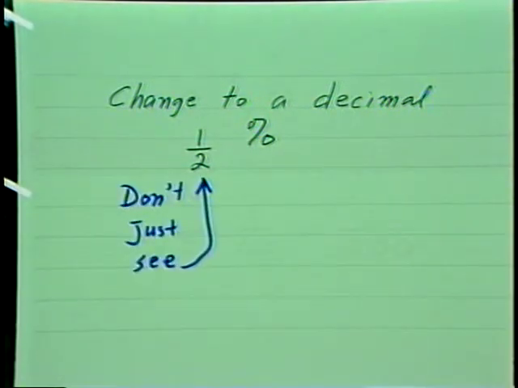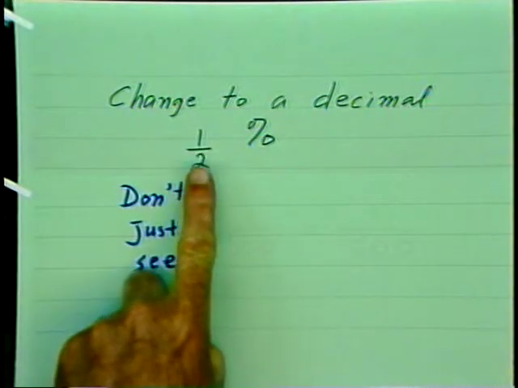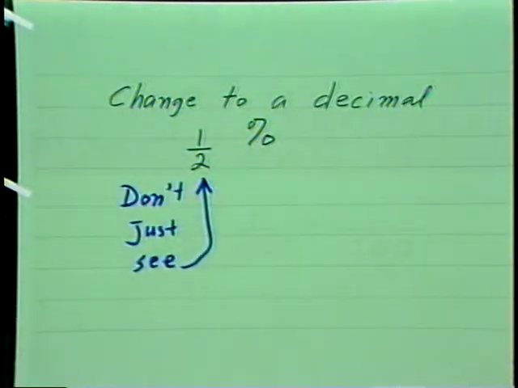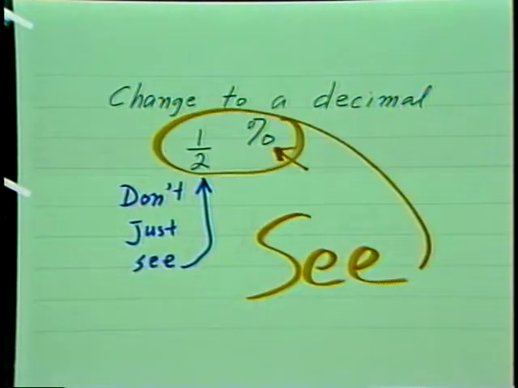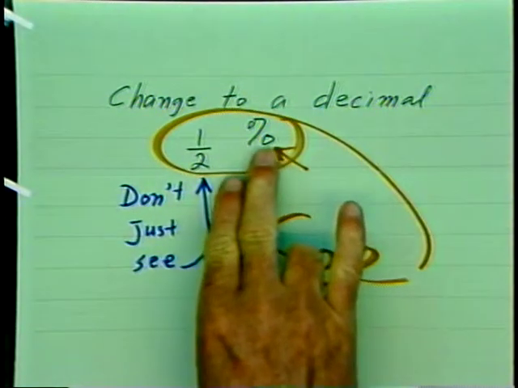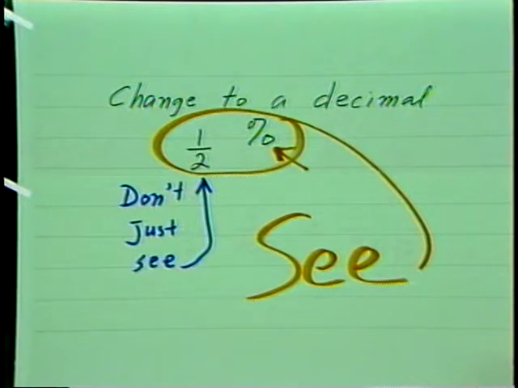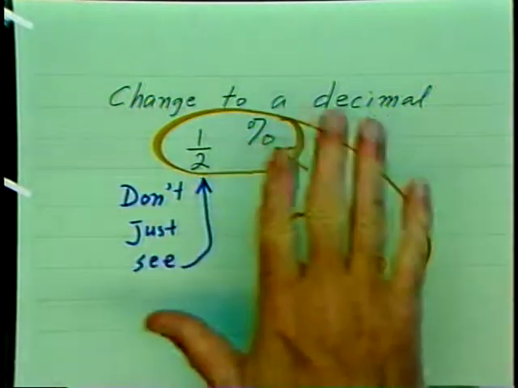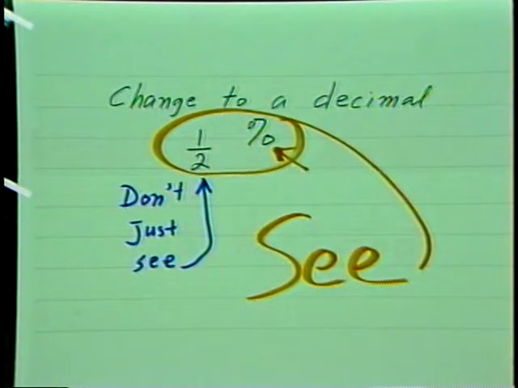So when you look at a problem, don't just see this. That's not the number. See the whole thing. And if you force yourself always to concentrate on that, then you will not make these careless, reactionary errors, which are very, very common.